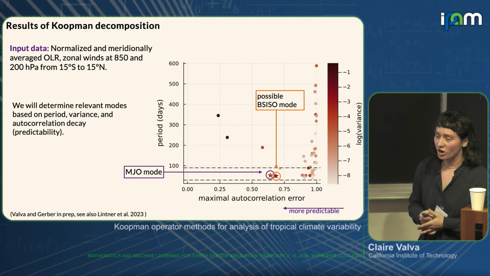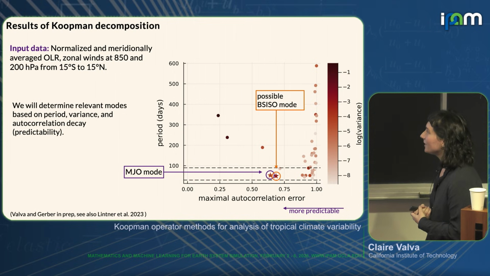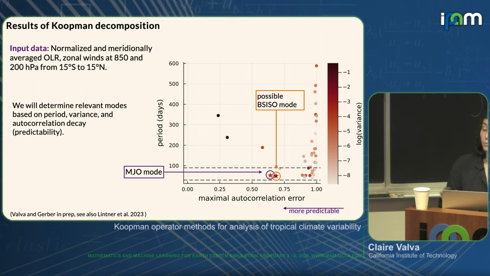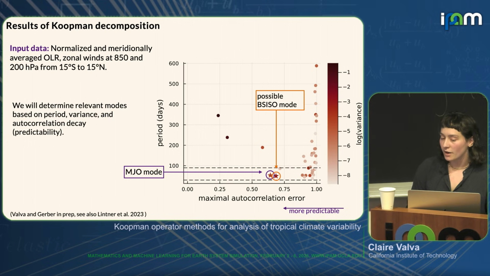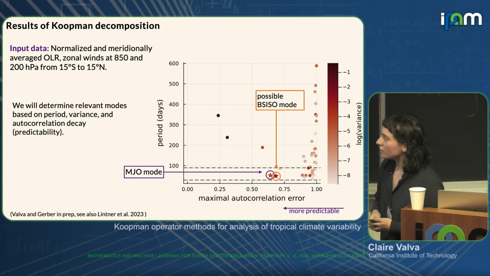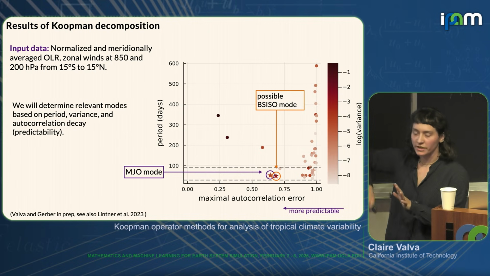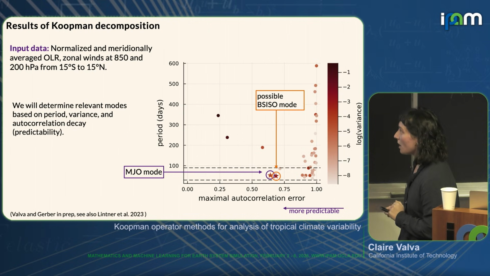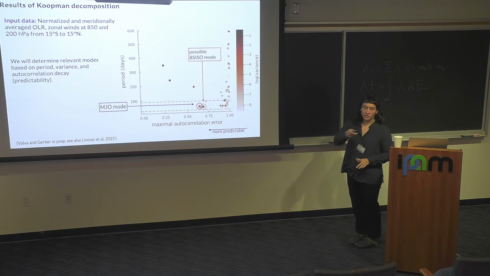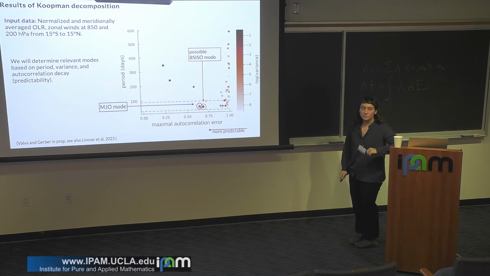This other mode we won't talk about today, but after analysis, we're going to call it a possible BSISO mode, which is the boreal summer intraseasonal oscillation. This is associated with the monsoon. It's a meridional mode that's active in the summer. But we won't talk about it today. Say quickly what the autocorrelation error is.